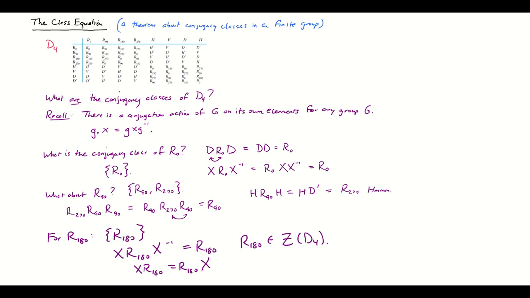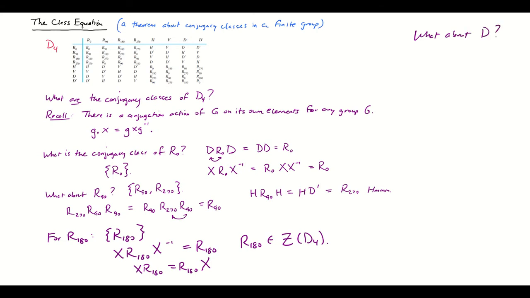Okay, let's do a couple of other ones here. So we have conjugacy classes for R0, for R90, and R180, and I think those accounted for all of the rotations. What about D?